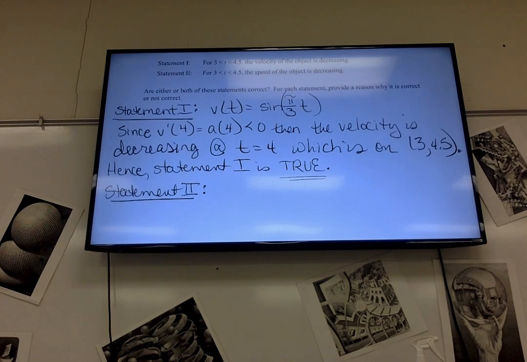Okay, so now we need to figure out what V is. V of 4 is the sine of pi over 3 times 4. Oh, I don't know why I wrote 4. It's 4 pi over 3.